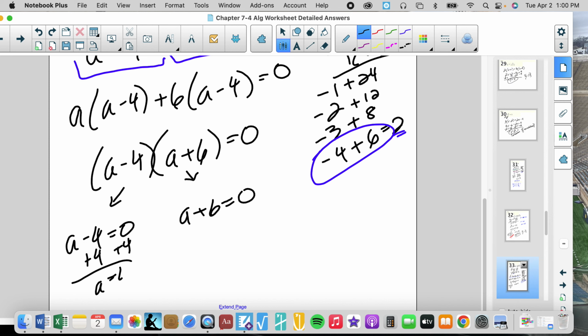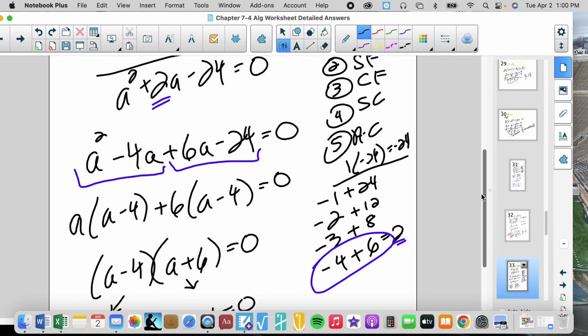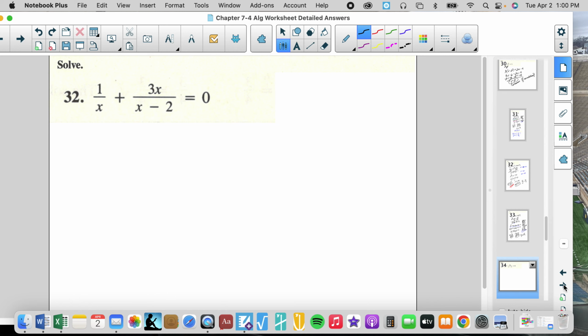I get a equals 4 as one of my possible solutions. And a equals negative 6 is my other possible solution. I'm going to look at the denominator, and neither of those values would produce a 0 in the denominator, so I will have 2 solutions. I always put my solutions in numerical order. Good. Wow, these are good.